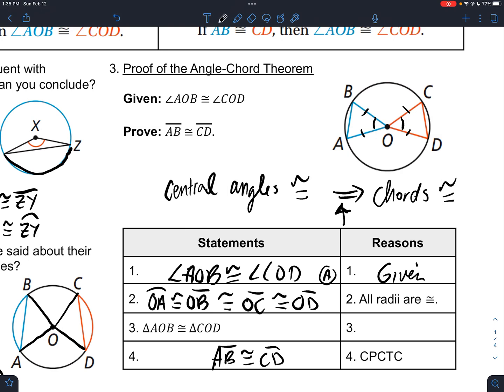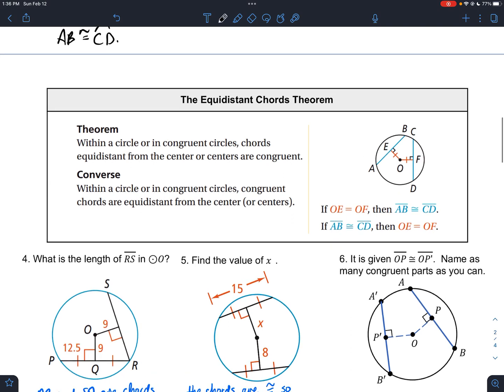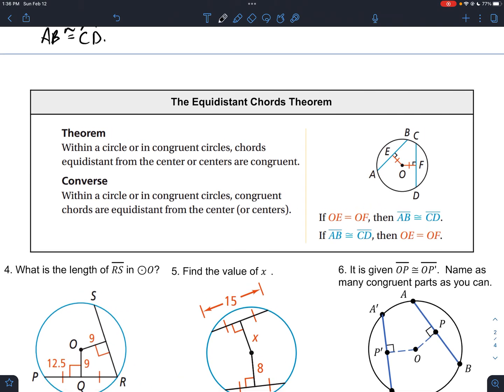Well, we have congruent triangles, the blue and the red, because side, angle, side. Side, angle, side. Definitely. So those triangles are congruent, which means all of their parts are congruent, including this part, which are the chords that we sought to be equal.